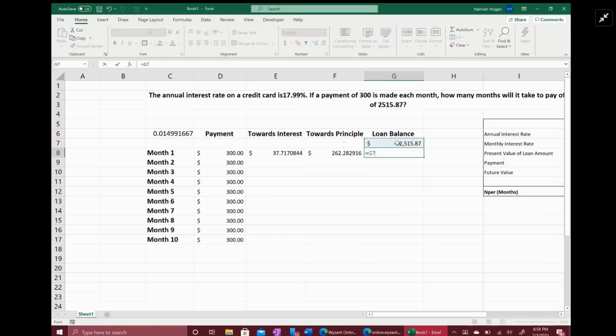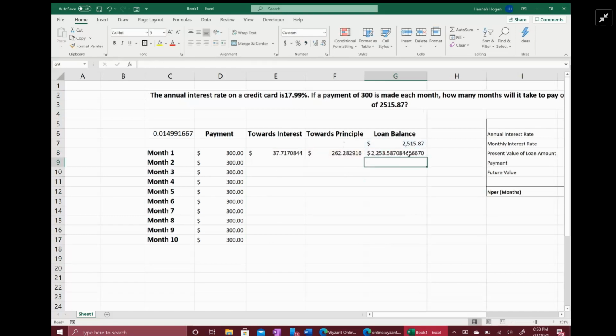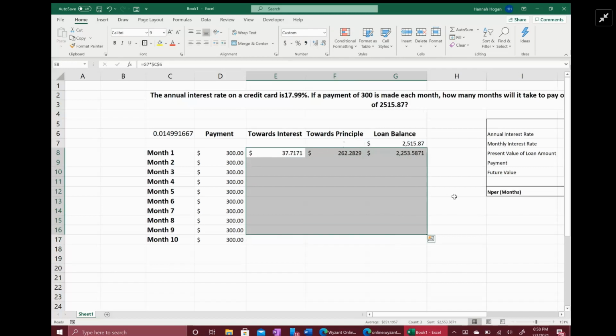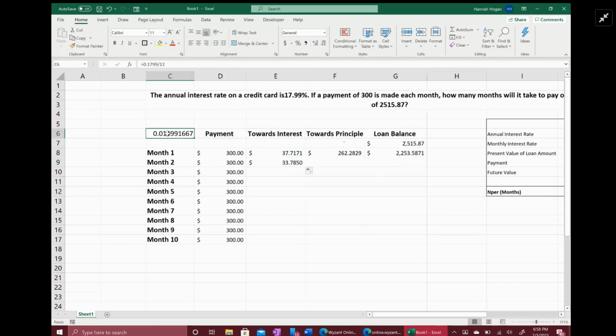So it's the previous month's balance minus the amount that went towards principal. There. Now we can just drag this down. If you look, it's going to use G8, which is the previous month's loan balance right here, and it's going to use, again, C6. So it's locked in on this cell, which is exactly what we want.